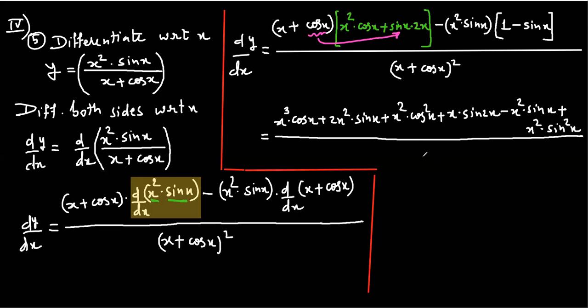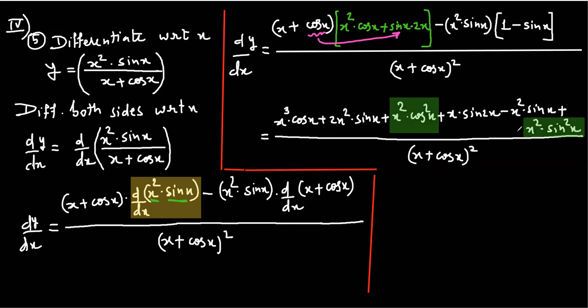Down here you have x plus cos x the whole square. Now what I shall do is, I will search for something if I have common. So see here, students, I have x square cos square x, and here I have x square sin square x. So I take plus x square common from these two terms.